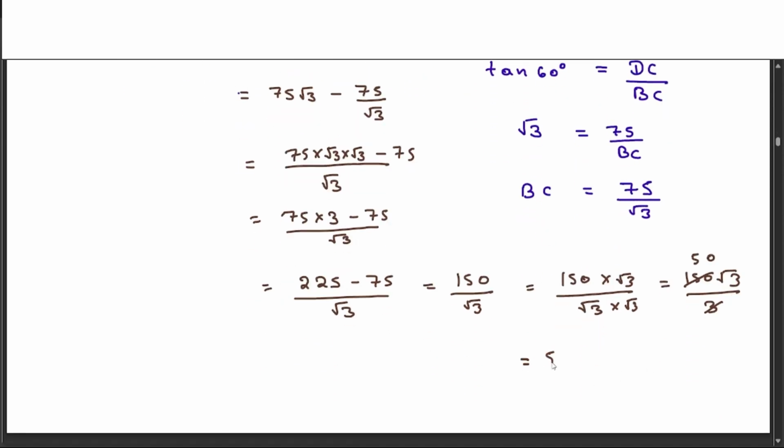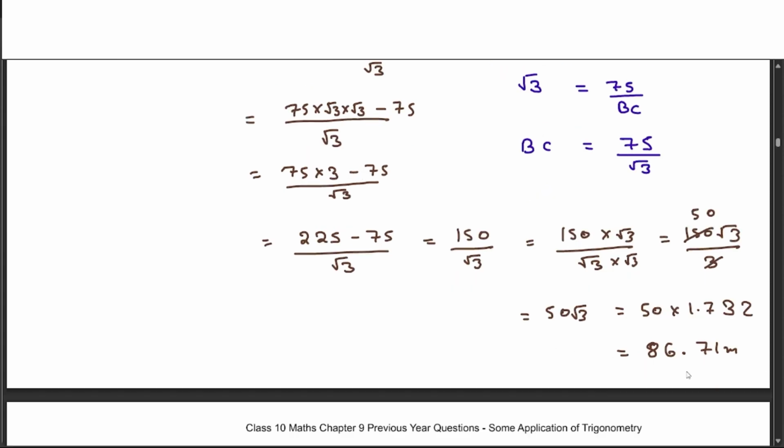So you can say 50 times root 3, which means, so root 3 value is 1.732. Okay, so you can multiply. So you will get near about 86.71 meter, which means your correct answer is 86.71 meter distance between the two cars. Hope you understand this one.